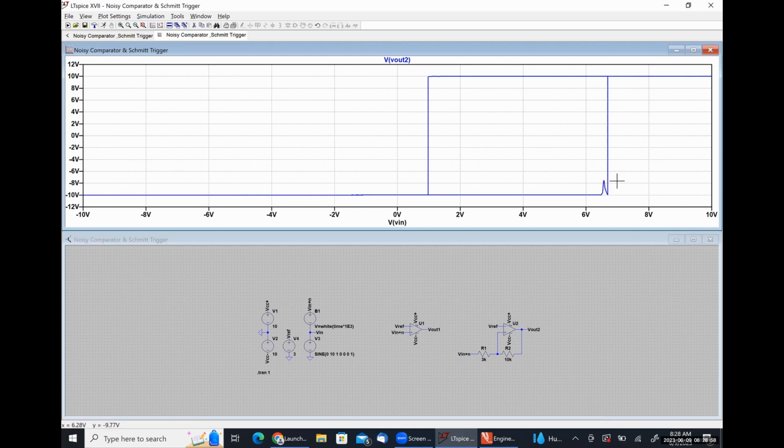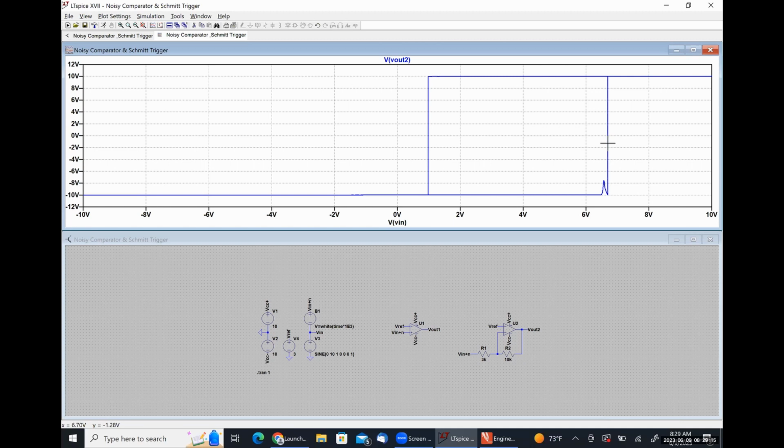This little triangular bit here is just an artifact of there being multiple passes of this input signal passing through. But we're really just interested in where these vertical lines occur, right?